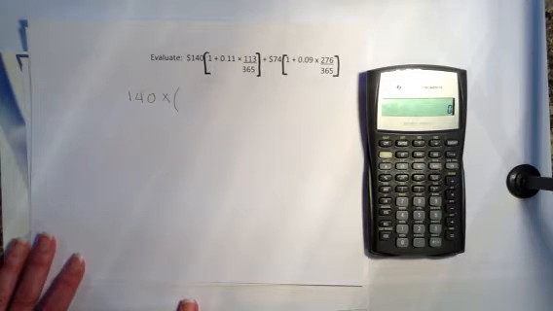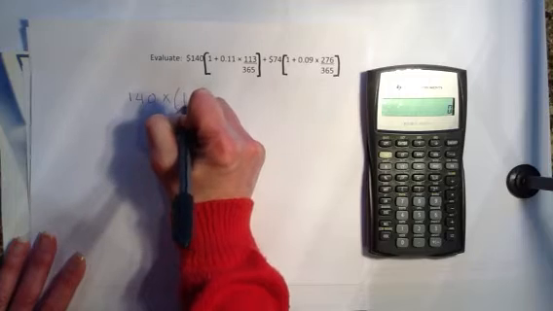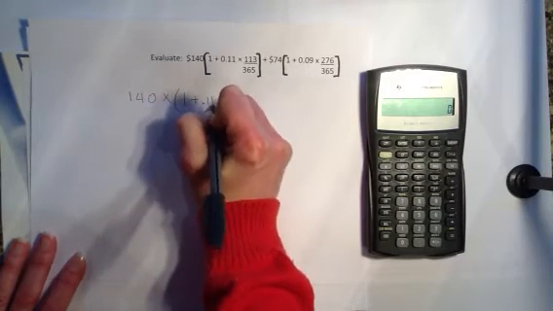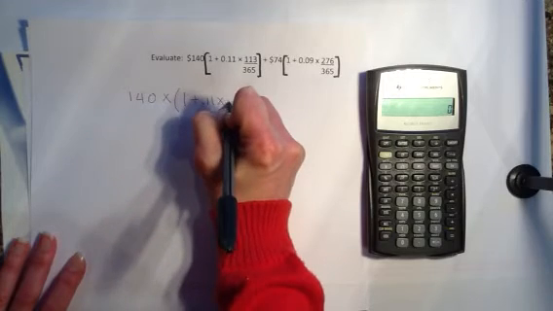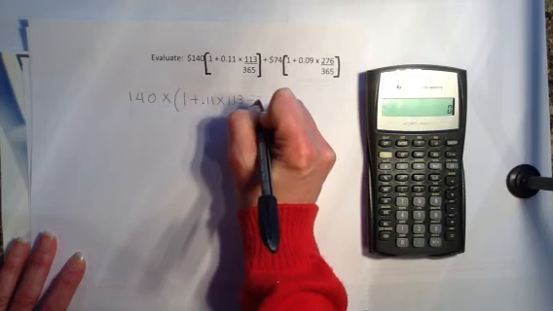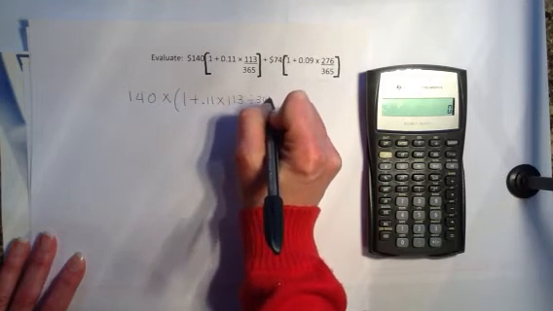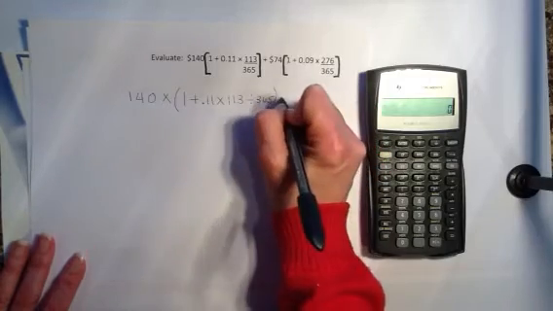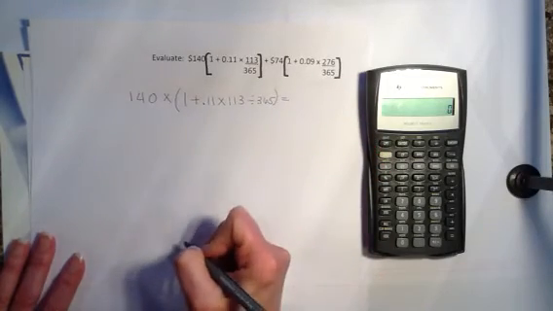So then what we will key into the calculator is 1 plus 0.11 times 113 divided by 365, and then we will close the bracket. And then press the equal sign.